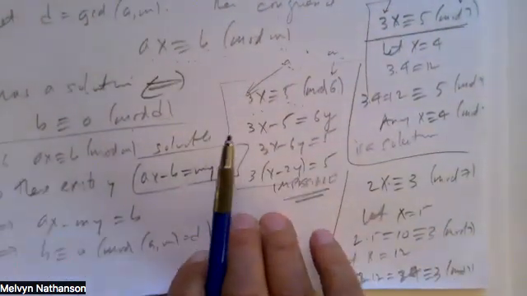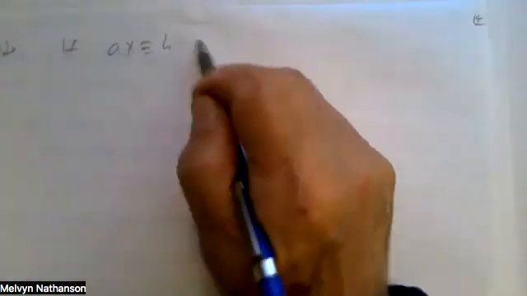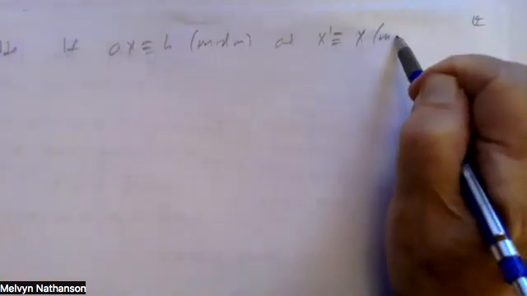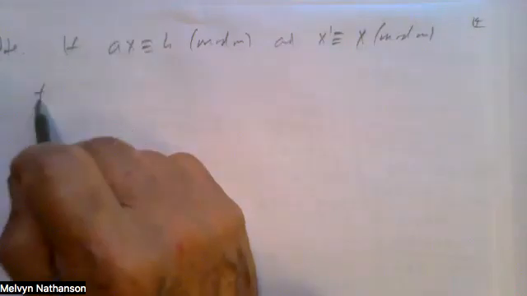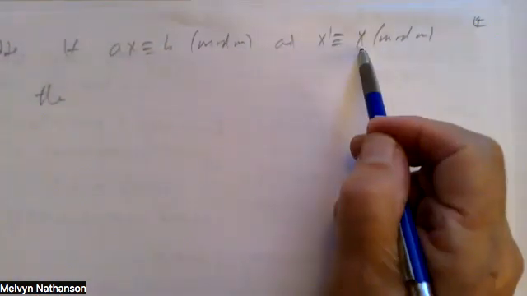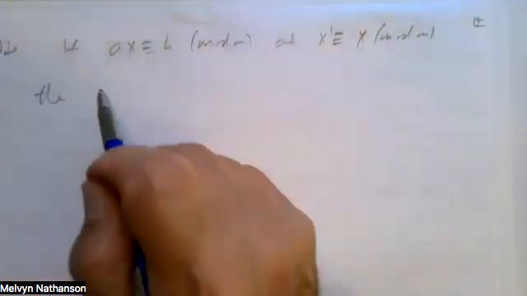Right. And the second part of theorem 2.2 tells us, when there is a solution, how many solutions are there? So just note, if AX is congruent to B mod M, and X prime is any number congruent to X mod M, then I can multiply a congruence by a number.